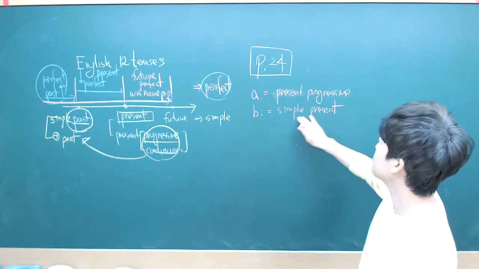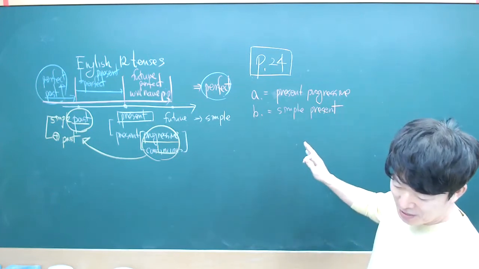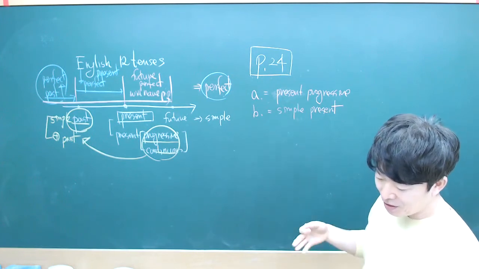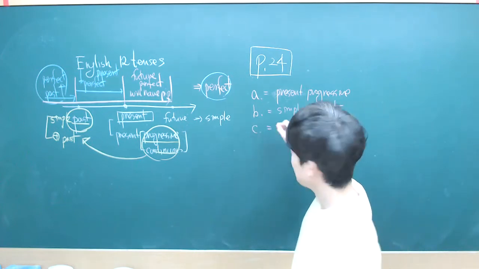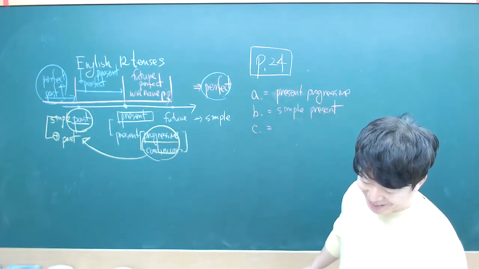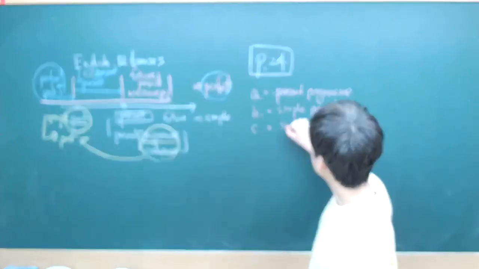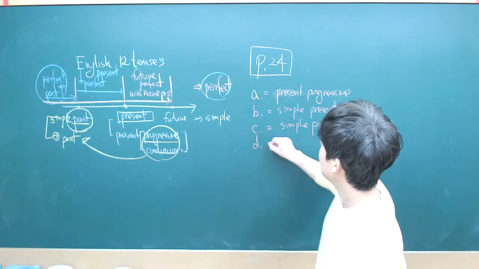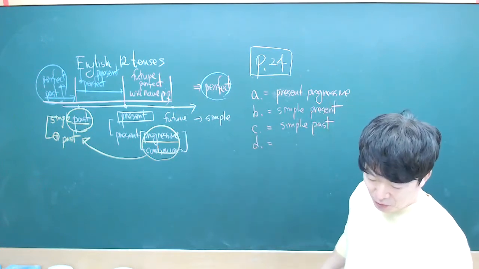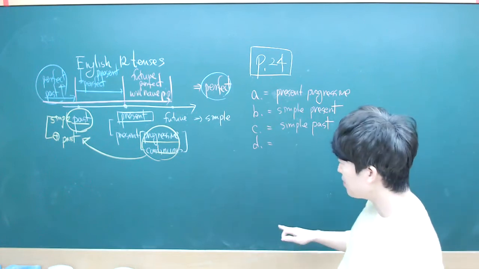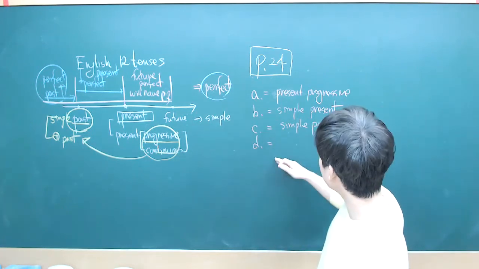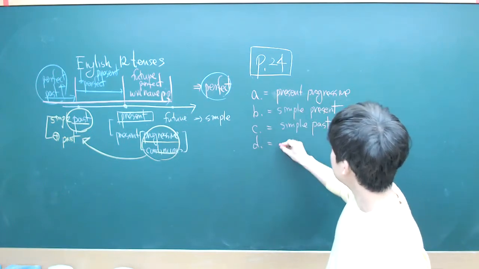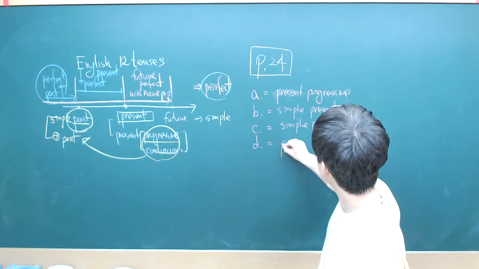Simple present means something is usual, and some behaviors are general statements of fact. And C, began and ended in the past. This is simple past. The last one, D, was in progress at a time in the past. This is past progressive.